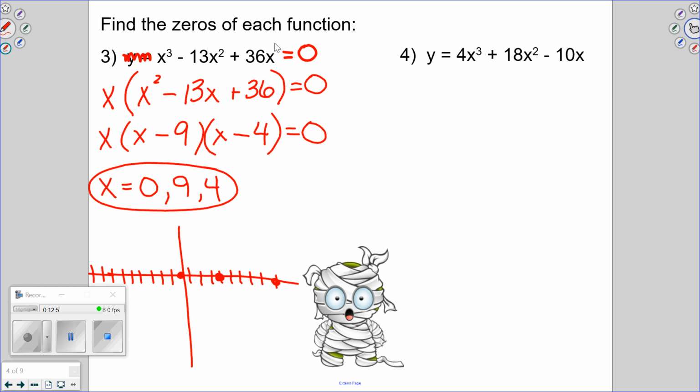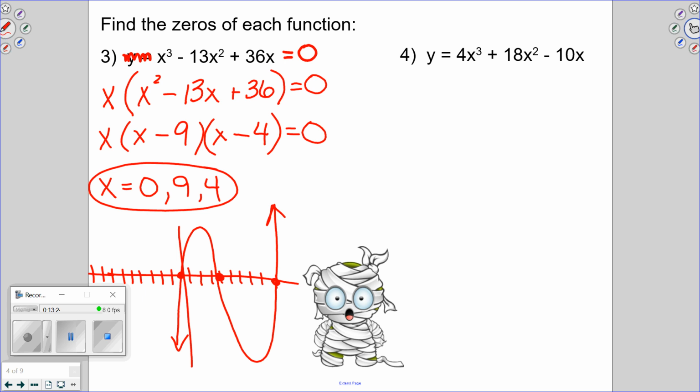Squiggly up, because it's odd and positive. So squiggly up going through those. I can draw a rough sketch. I have no idea how high or low it actually goes, but I can get a rough sketch of it. You just looked at what most of your homework is tonight. Can you factor and solve for the answers? Can you draw me a rough sketch? Not so bad, right? Okay, why don't you guys try number 4 on your own?